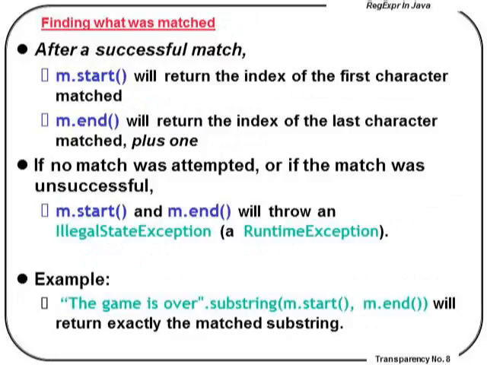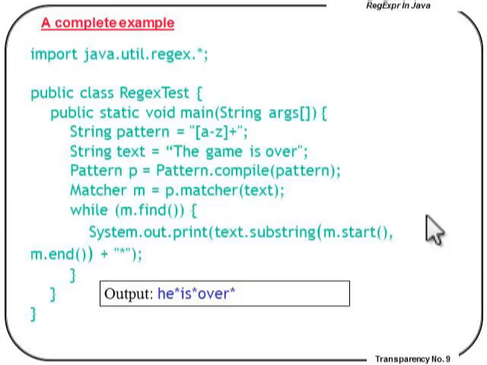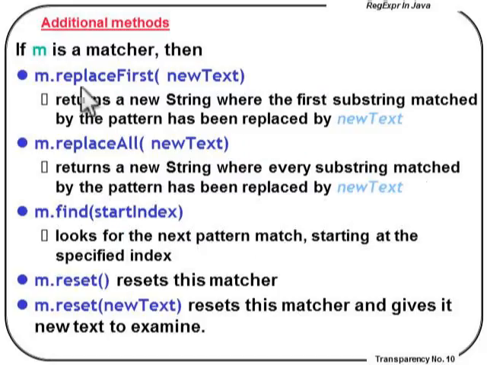After a successful match, use the m.start and m.end functions. Here is an example with its output. If m is a matcher, then there are m.replaceFirst, m.replaceAll, m.find, m.reset, and m.reset with new text.